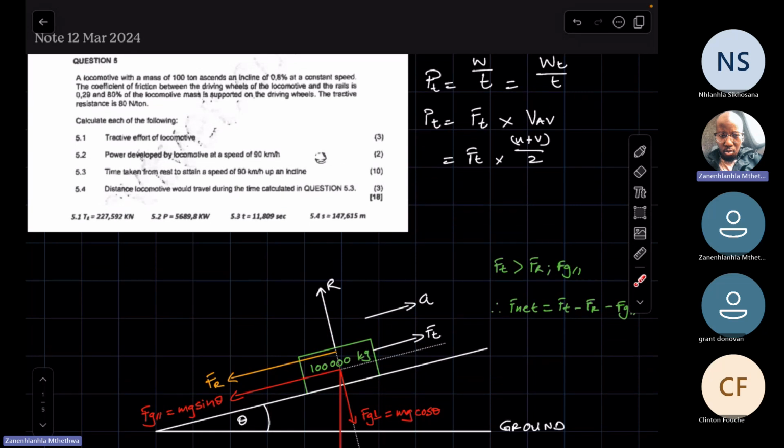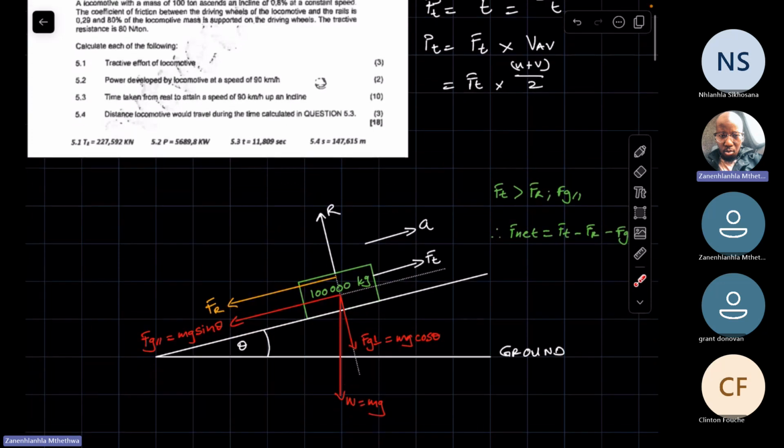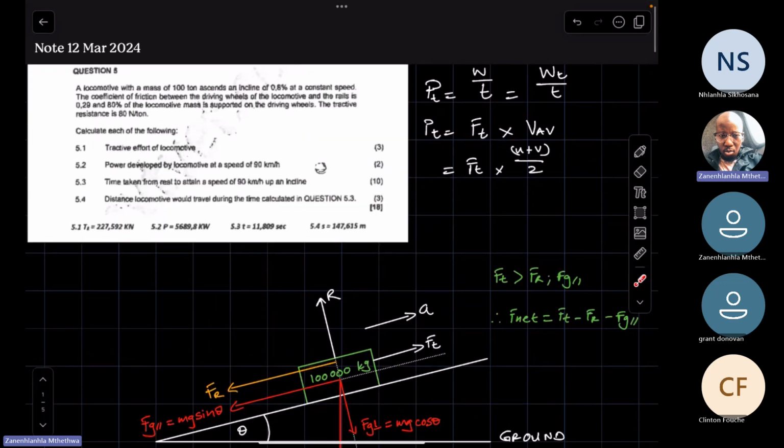Now, 5.3, time taken from rest to attain a speed of 90 kilometers per hour up the incline. Like I said, at this level, they have a tendency of switching it up.